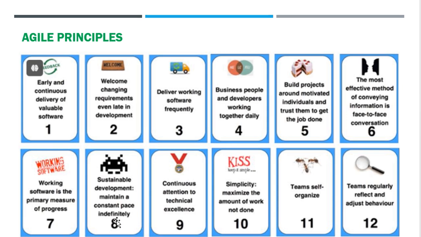So moving to the 10th agile principle, which states simplicity, the art of maximizing the amount of work not done, is essential. Let me explain with an example. A sculptor who chips away the unnecessary stone to reveal the statue beneath focuses only on what is essential, leaving out anything that doesn't add value to it.